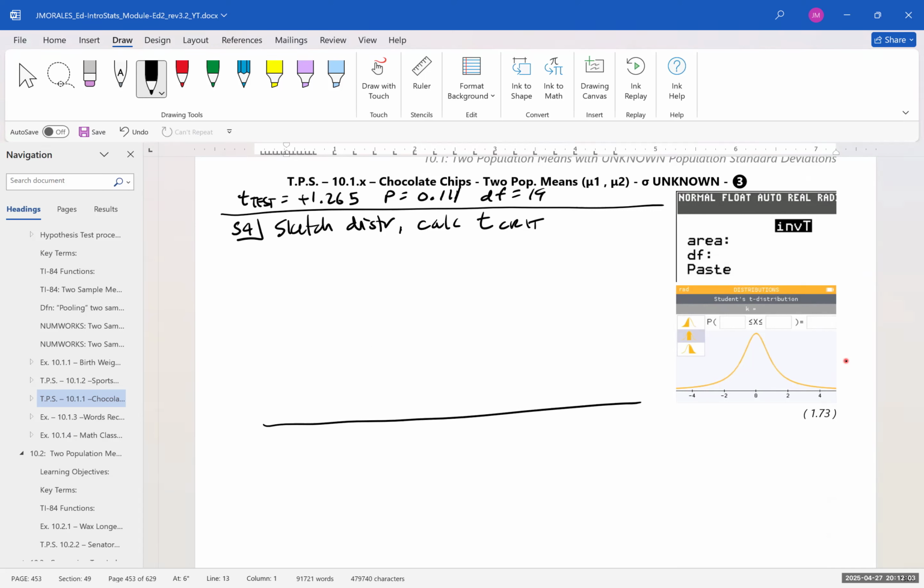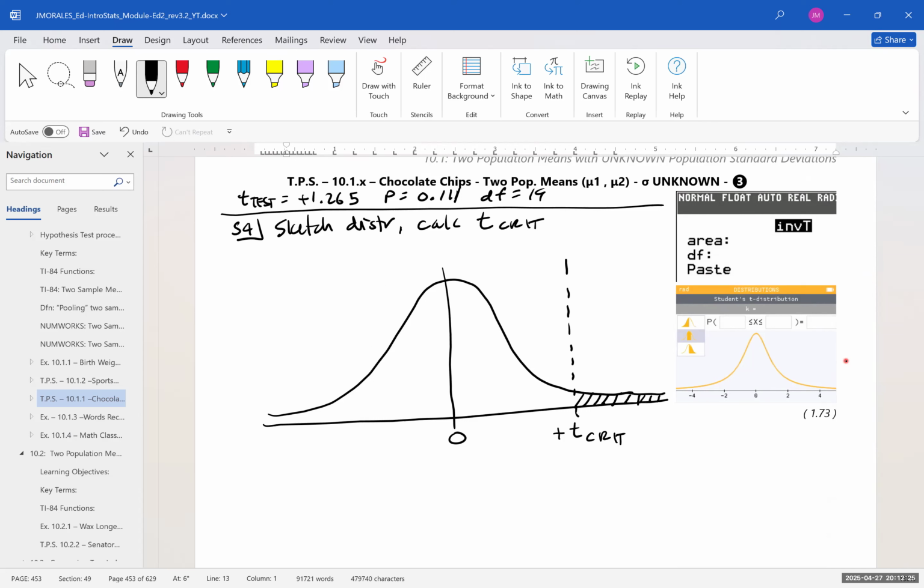So let's draw our student's t distribution with a center of 0. And let's see, we said that this was going to be right-tailed because of our alternate hypothesis. So we're going to have a positive t critical value. This area in the tail adjacent to the critical value, that's a significance level.